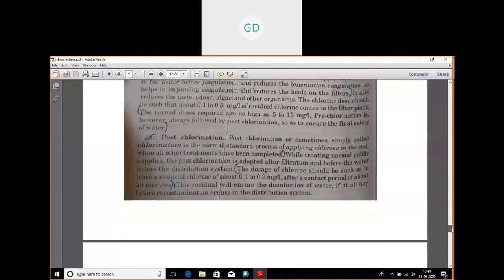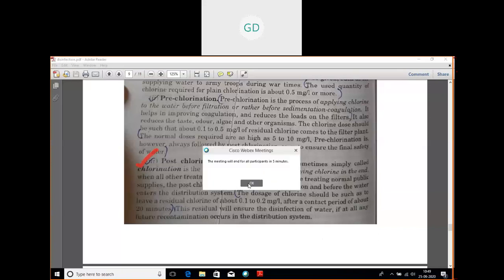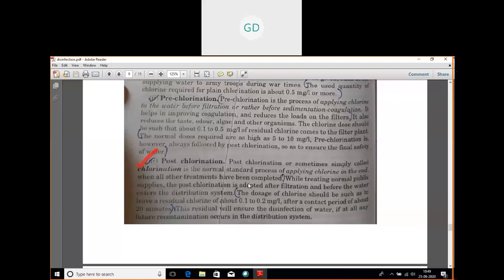So what is post-chlorination? Post-chlorination, or sometimes simply called chlorination, is the normal standard process of applying chlorine at the end when all other treatments have been completed. When you have done all the treatments and at the end you add chlorine to that water, that is known as post-chlorination.